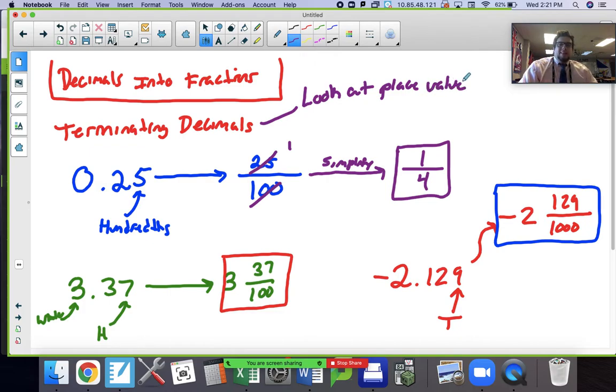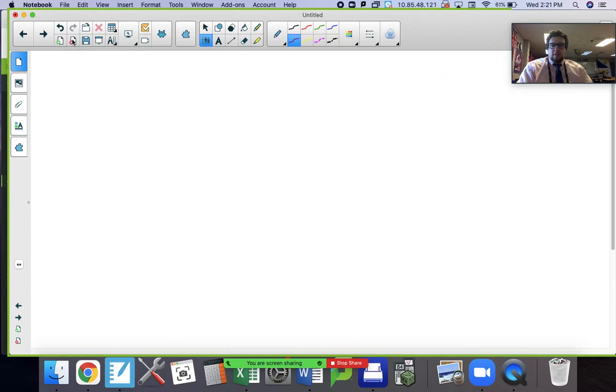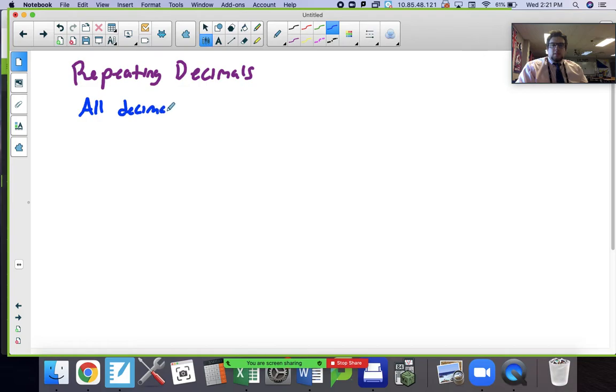But it's when they're not terminating decimals that gets a little bit dicey. So the other type of decimals that we are able to convert into fractions are our repeating decimals. So repeating decimals come in two forms, where all decimal digits repeat, or just some repeat.